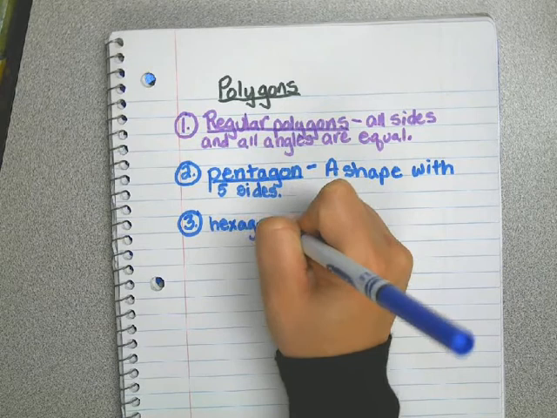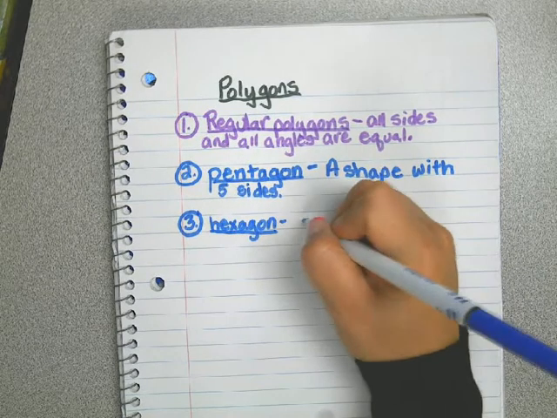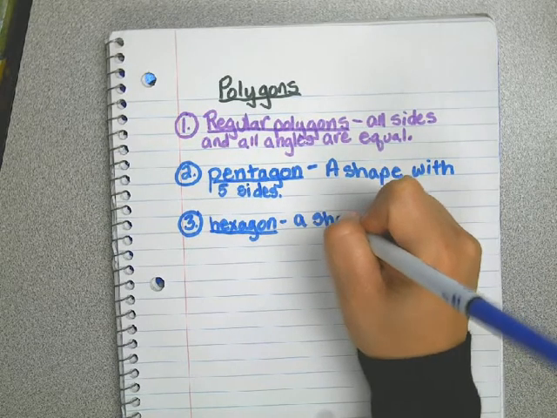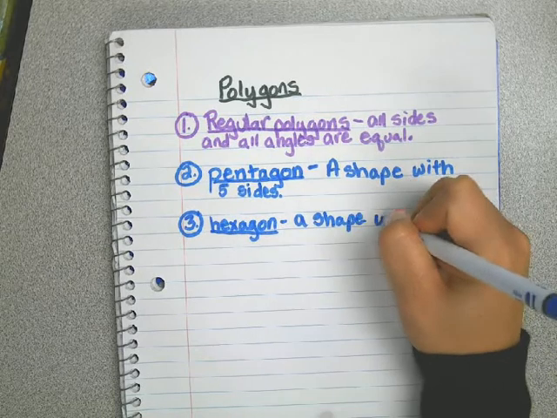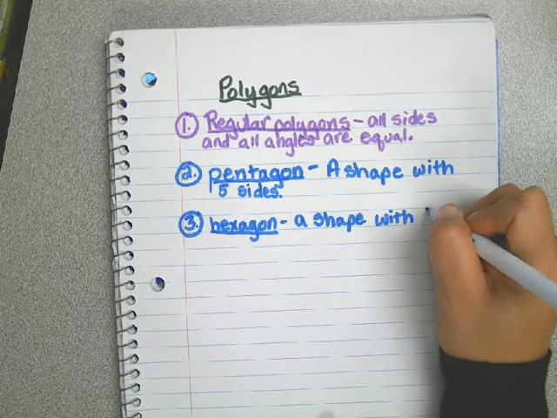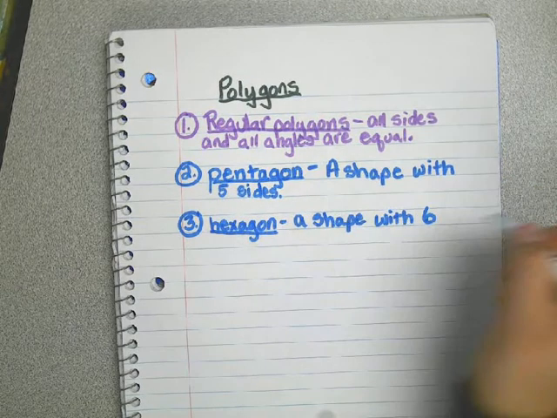What do we call a shape with 6 sides? Parker. No. Owen? 6 sides. Jackson? Hexagon.